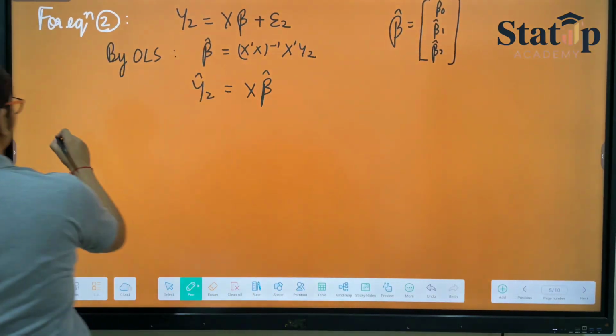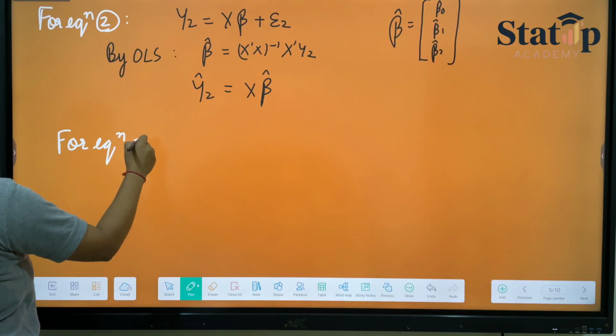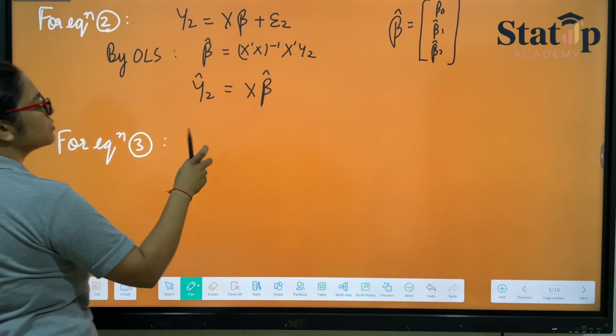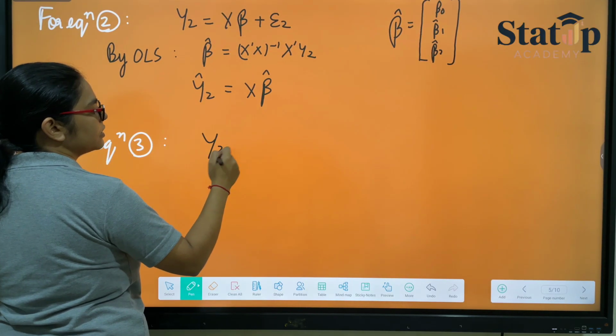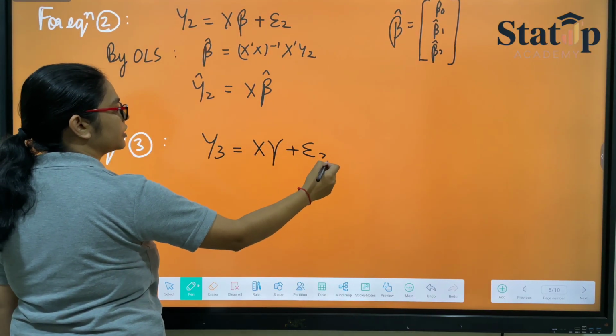Now for the third equation, y3 equals x gamma plus epsilon 3.